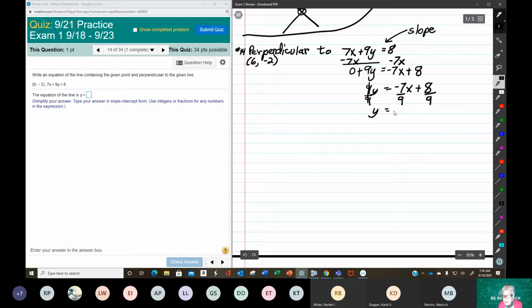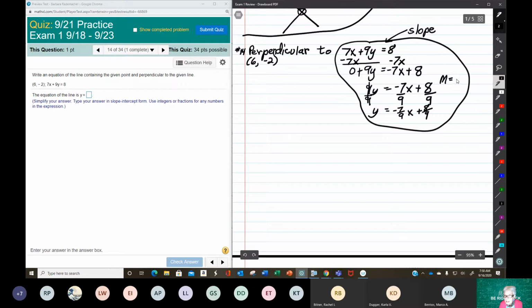So y equals -7/9 x plus 8/9. Okay, this is what we care about though. We have just found, working with this line, that the slope of this line is -7/9.